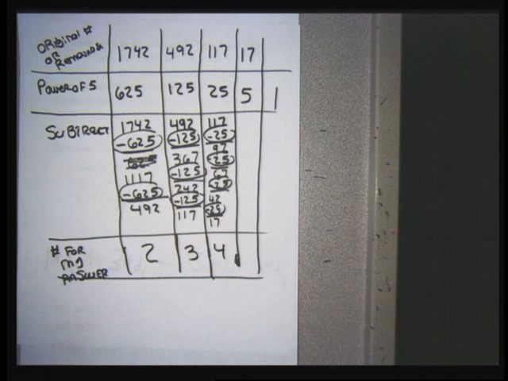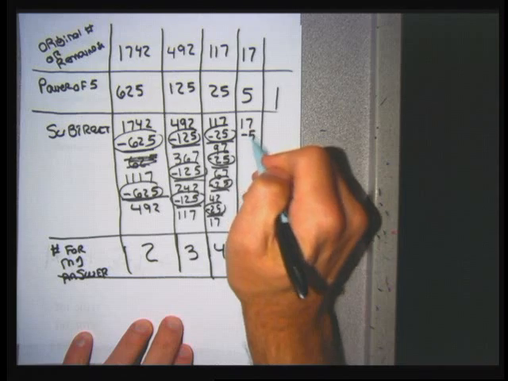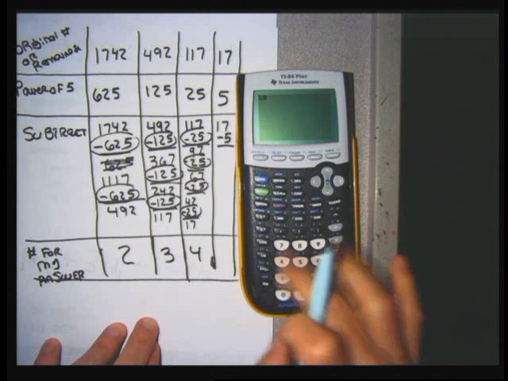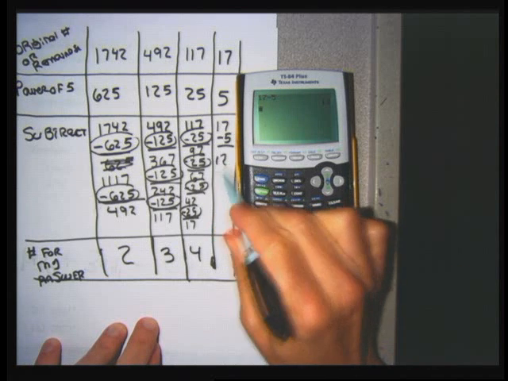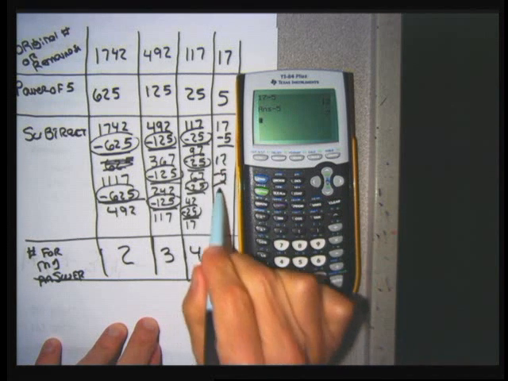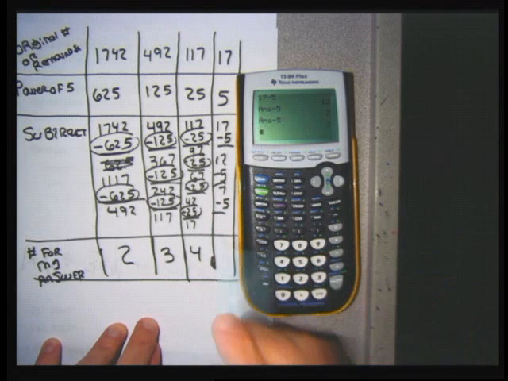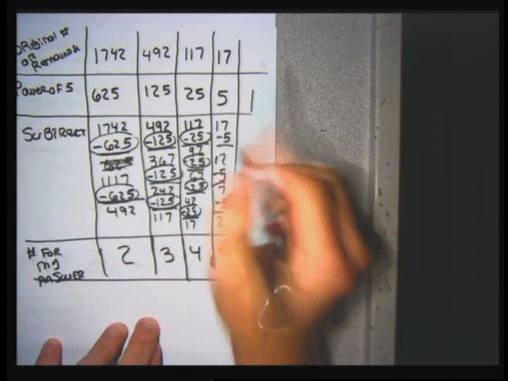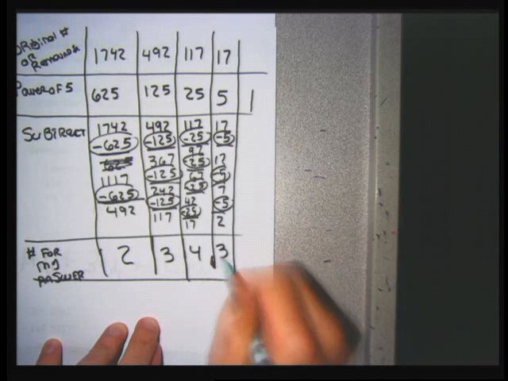Now I can probably finish this up without my calculator, but that's dangerous, so I won't. So I'm going to go clear 17 minus 5 is 12. 12 minus 5 is 7. 7 minus 5 is 2. Can't subtract 5 again or I'd get a negative. So I'm going to have 1, 2, 3 for my bottom.